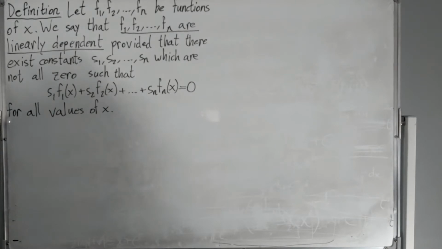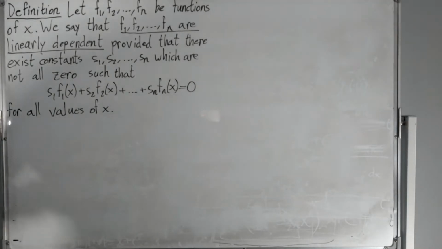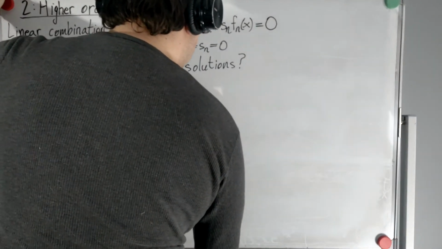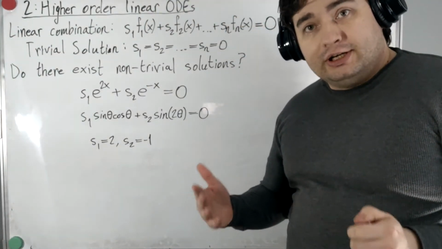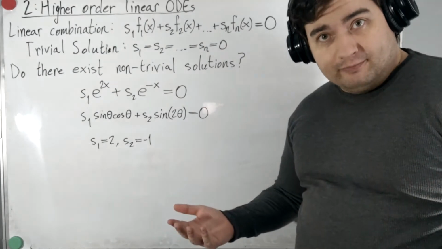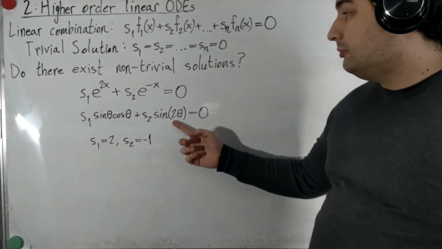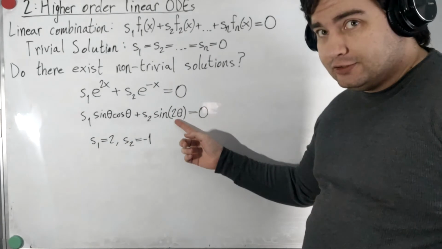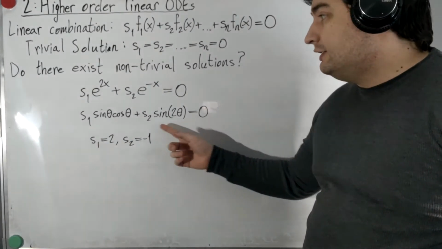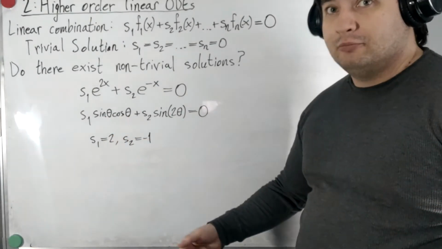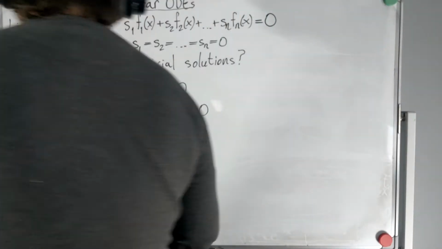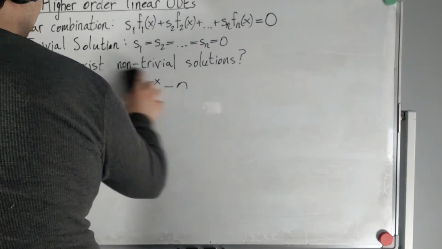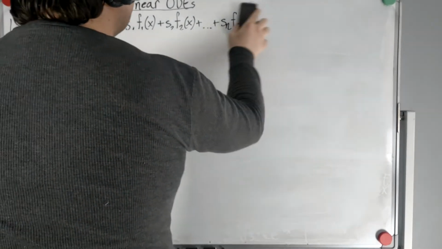Right, so determining whether a bunch of functions are linearly independent or not is not always easy. Like if you take sine 2 theta, at first it doesn't look like it's going to be linearly dependent with sine theta cosine theta, but it is because of a trigonometric identity. So we have a tool that's used to determine whether a bunch of functions are linearly dependent or not.